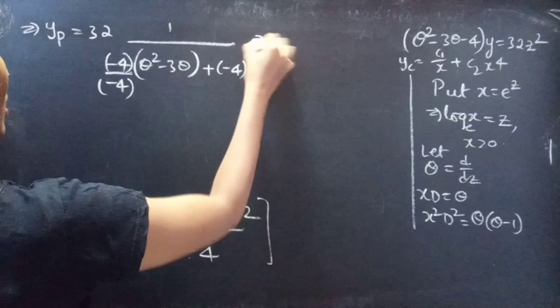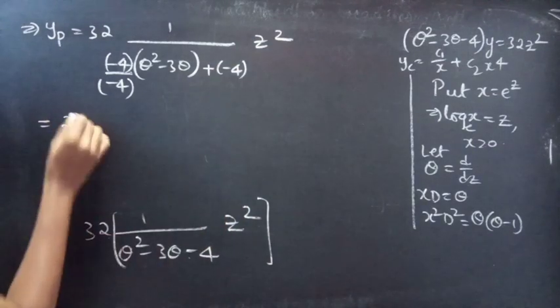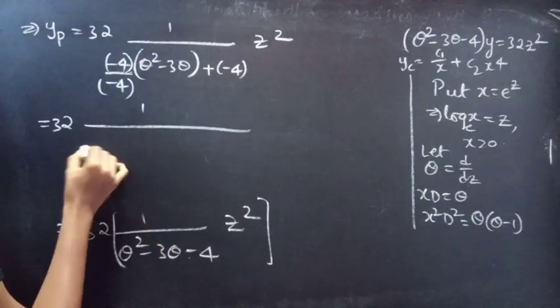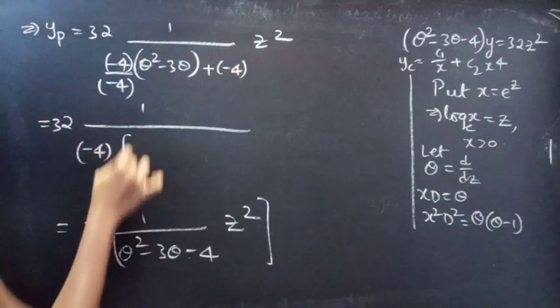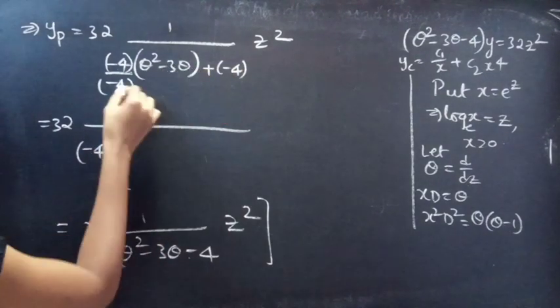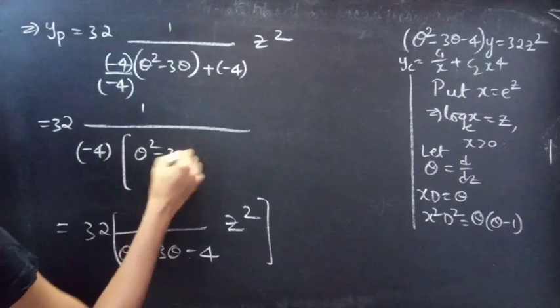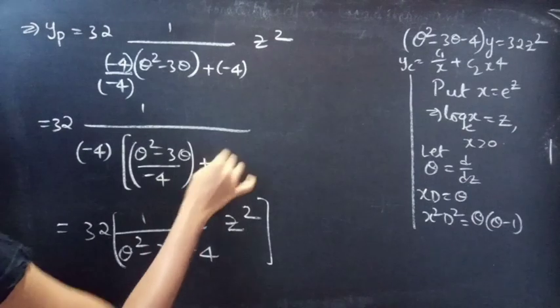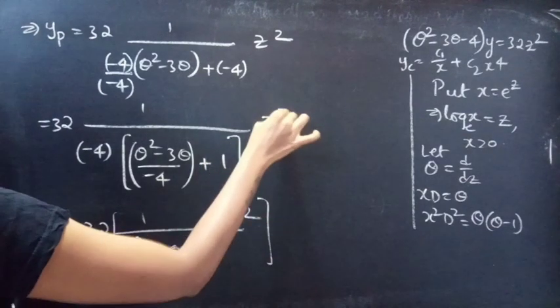into z square. This is equal to 32 into 1 by, take minus 4 common from the two terms of the denominator, we'll get minus 4 into theta square minus 3 theta by minus 4 plus 1 into z square.